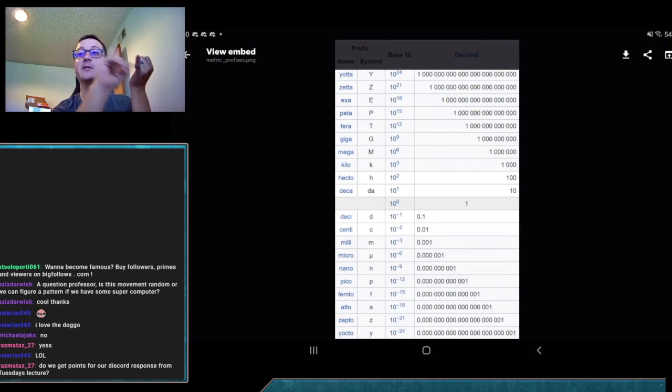You'll want to know the name, the letter abbreviation, the symbol for it, as well as the power of 10 that it represents. So I want you to understand centi, which is abbreviated c, means 10 to the minus 2 power. All right, so those are the things I want you to start learning with this, okay?